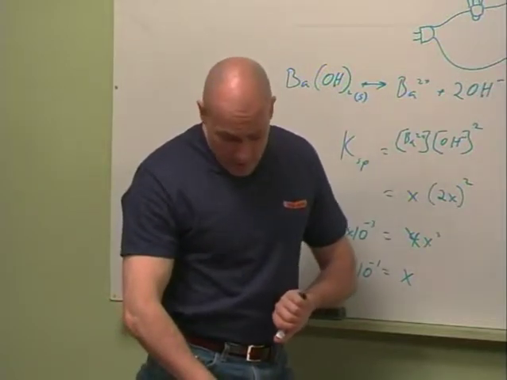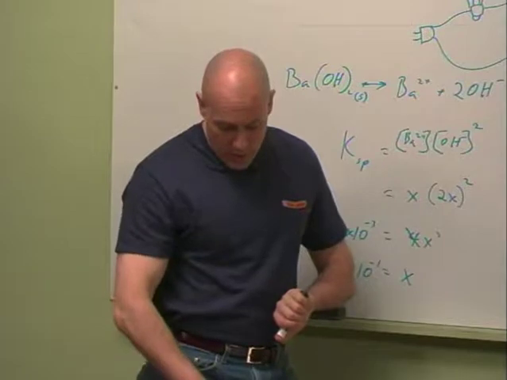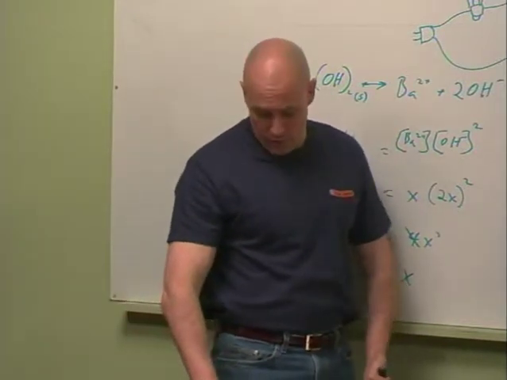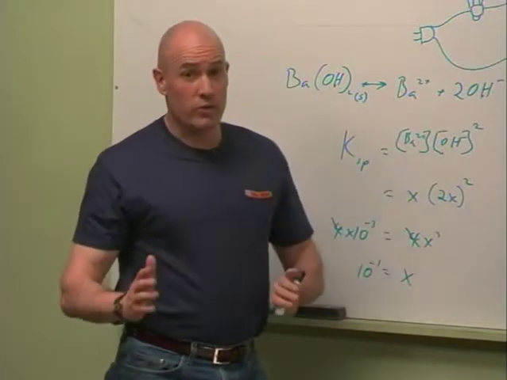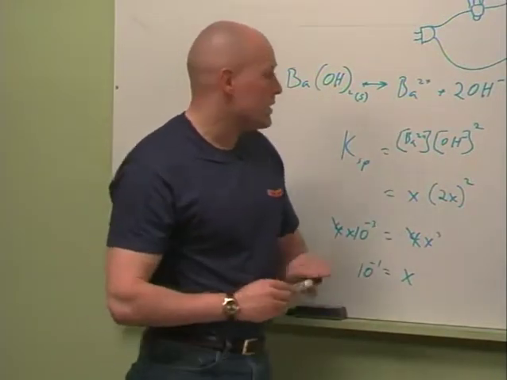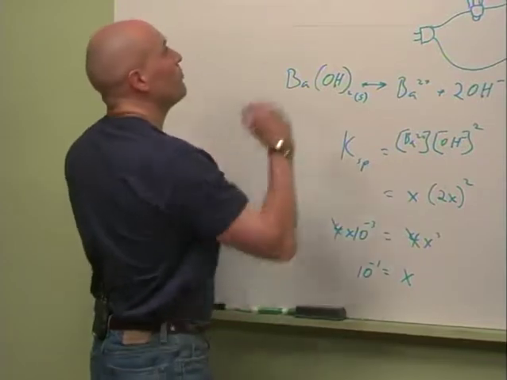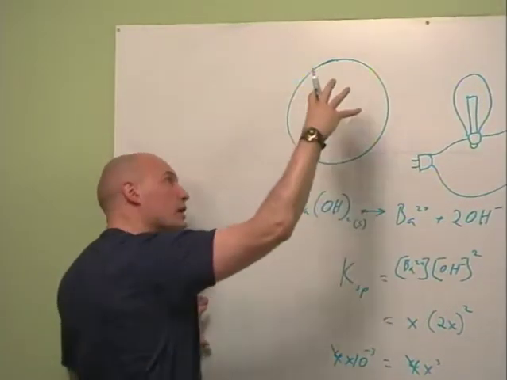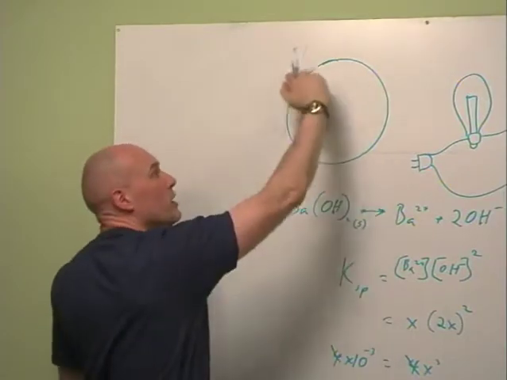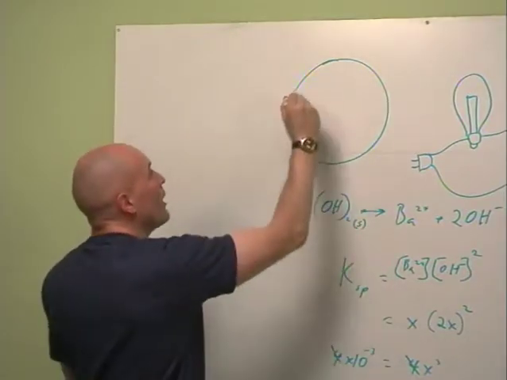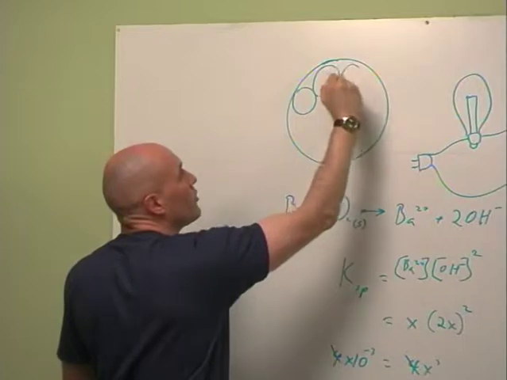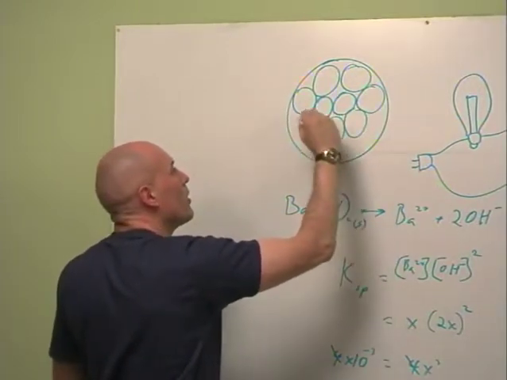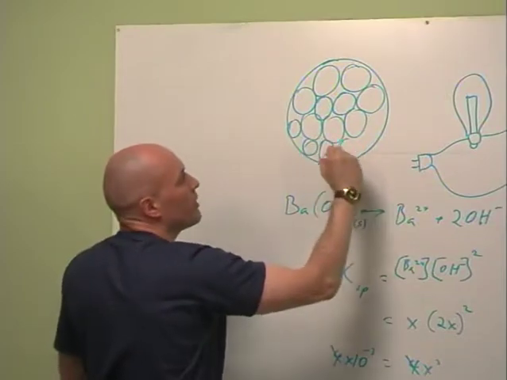Question 10. If the initial solutions in both experiments have the same pH, which solution has the lowest vapor pressure? This is a very tough question. What we want to look at is, in terms of vapor pressure, if this is a solution and we're looking down on the top of it, let's call it a pure liquid, and these are the molecules at the surface.